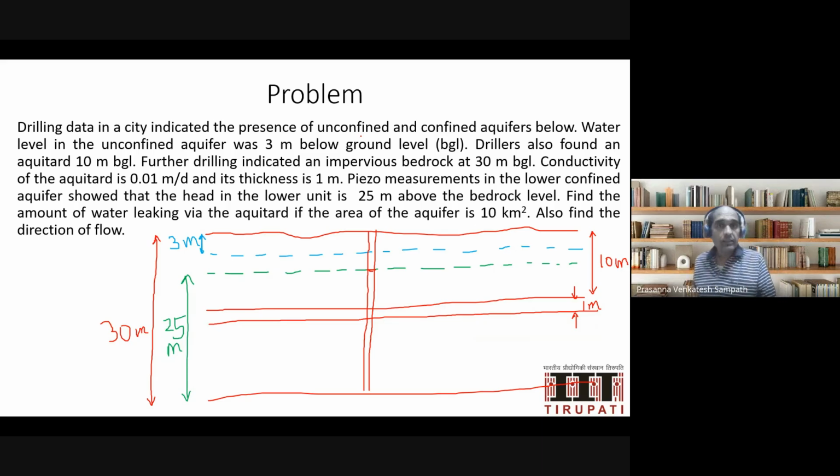Now tell me, which of these has higher total head, the confined aquifer or the unconfined aquifer? Unconfined aquifer has the higher head because the blue line is above the green line. So now tell me, what will the direction of flow be?